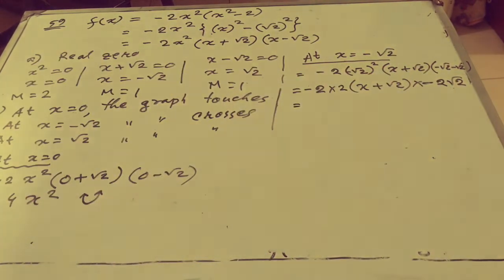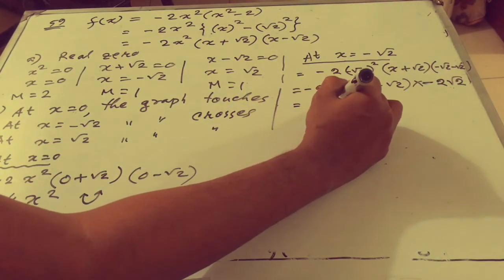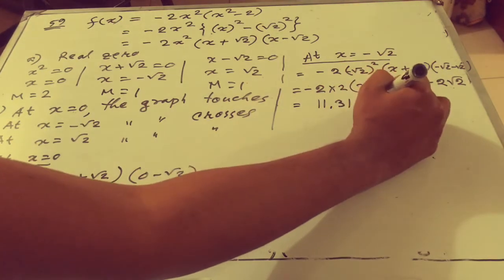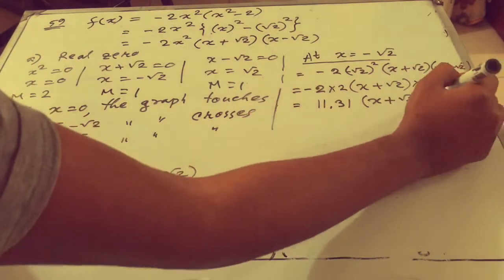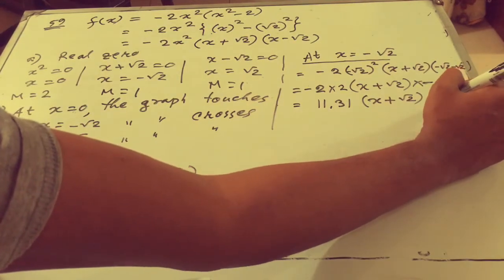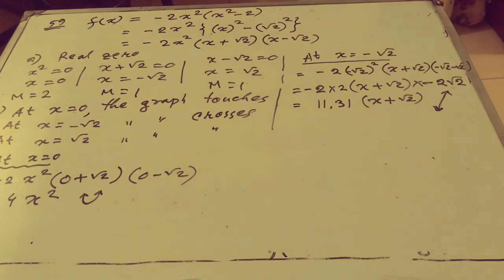So 8 into root 2 equals 11.313. So this is basically 11.31 times x plus root 2, and this is positive, so that means it is a positive slope straight line.